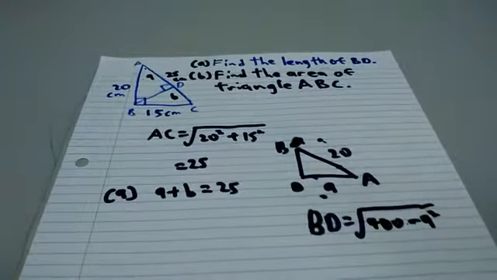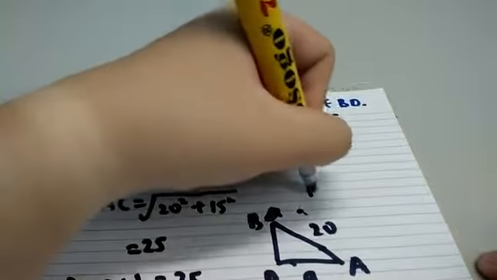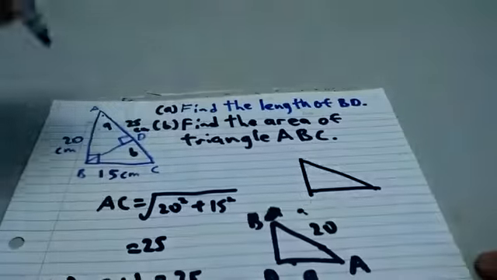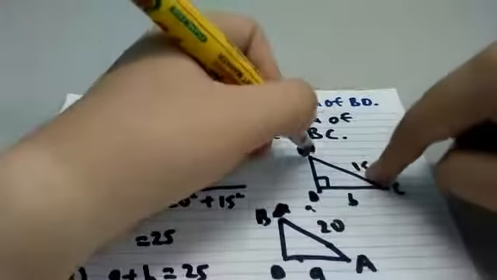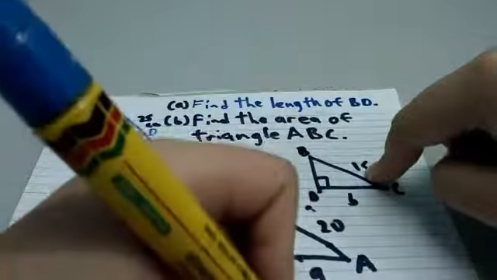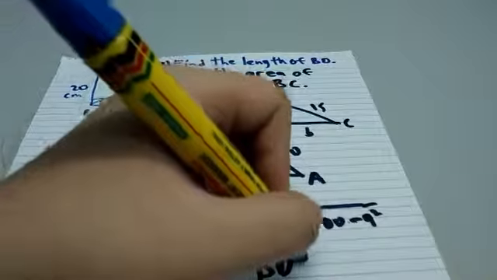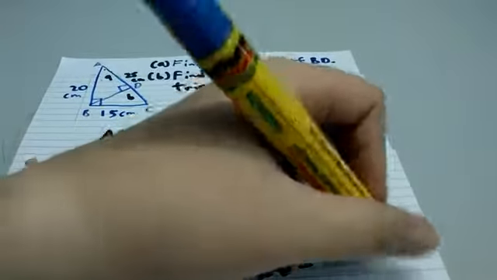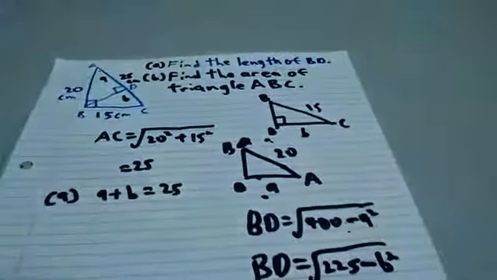But there's another possibility. Let's say I have another right angle triangle. We have another right angle triangle, which is this, and then we can find another length of BD here. So the other BD is equal to the square root of 225 minus B square.